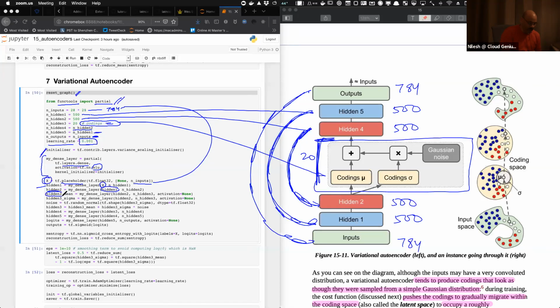You can see that the hidden one has 2 items. So this is the mu item, this is the sigma item. The mu is for mean, and this is for standard deviation. So 2 items are defined here, mean and sigma. And it is essentially based on input from hidden 2. So it gets input from here. This gets the input, this also gets the input. So 2 items there.